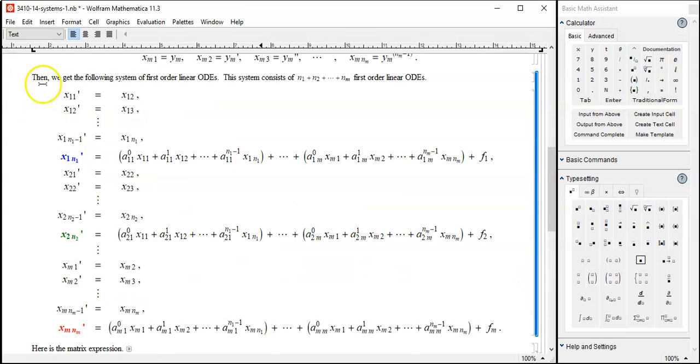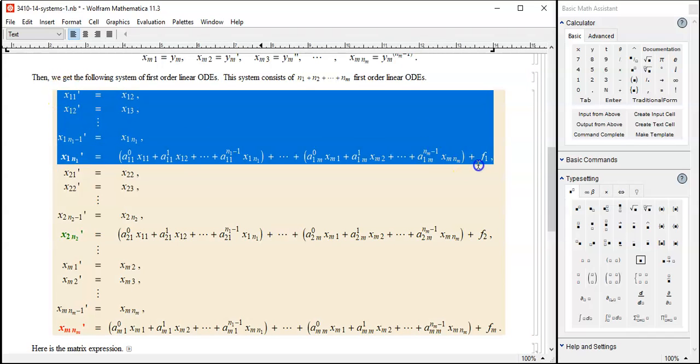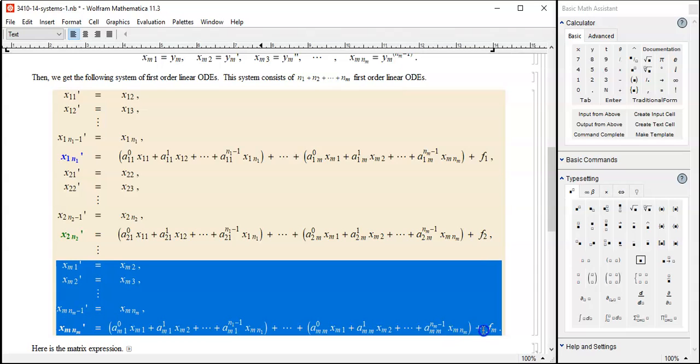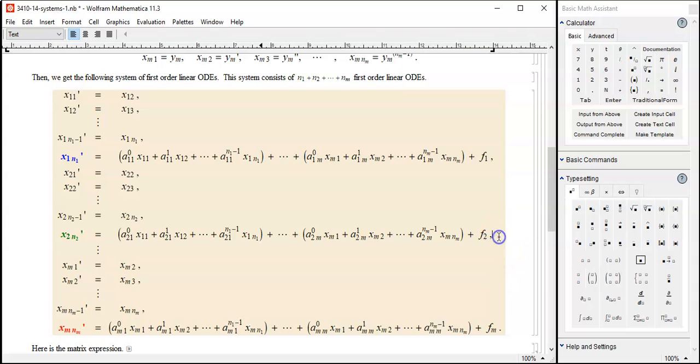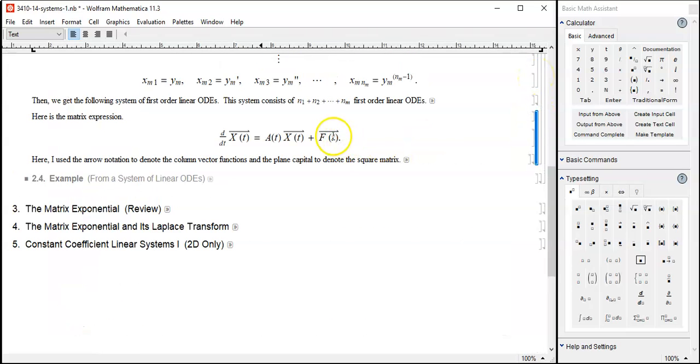And I can put all those together as a system like this. Up to here, they're all about y1. Then up to here, they're all about y2, and so on, and then this is about ym. Consequently, we have some matrix expression.